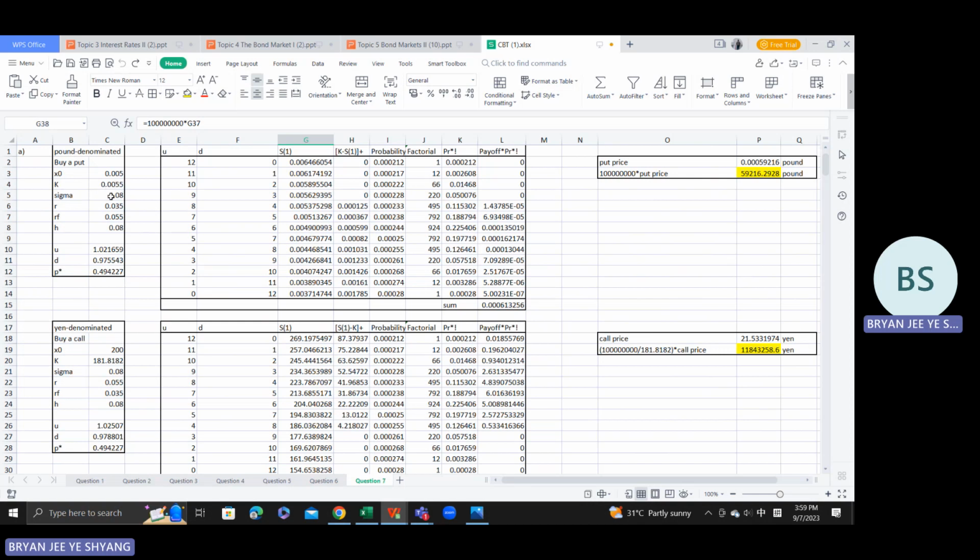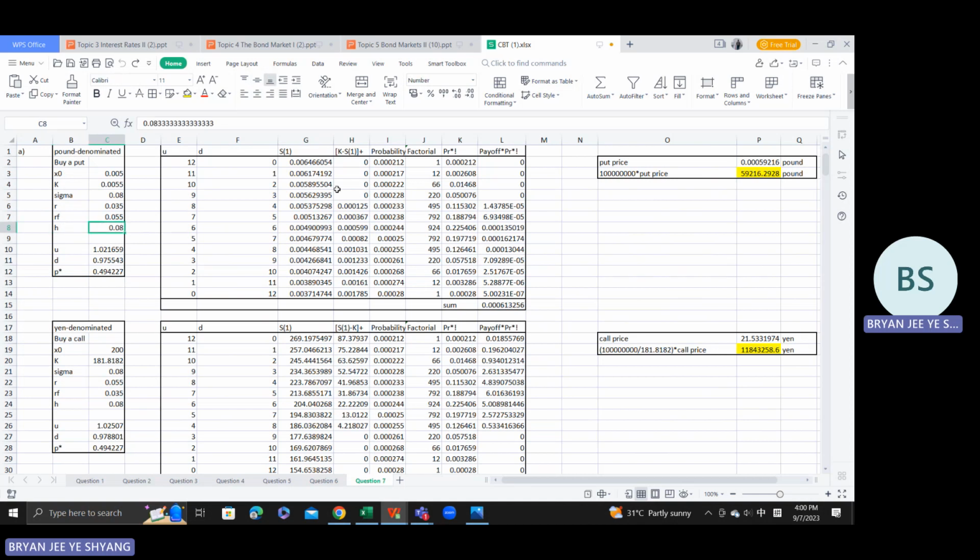Our sigma is equal to 0.08, and our R is equal to 0.035, which is our domestic R. And this one is the foreign R for yen, which is equal to 0.055. And then our h is equal to 1/12.